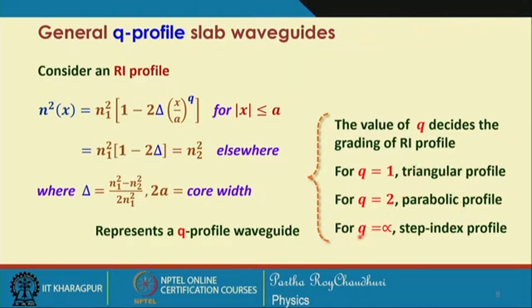For q equal to infinity, it becomes a step index profile, because this quantity to the power of infinity will vanish, and you will get simply n 1 square and simply n 2 square. So, this expression is very useful while doing analysis for the modes of a given graded refractive index profile of the waveguide.